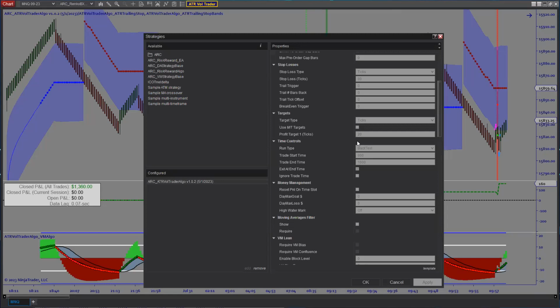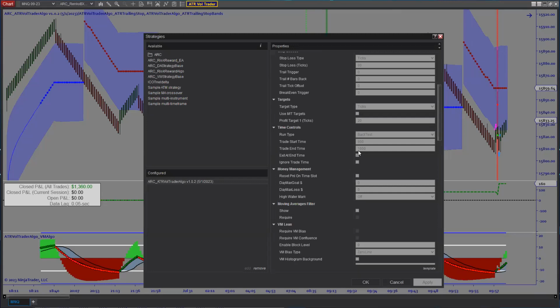So you've got plenty of room to do 20 tick targets. And if you want to hang on and leave another one on, you can. You could leave a couple extra contracts on, put a bigger target, trail your stops. However you want to manage it is fine. But in something like this, I'm going to highly encourage you to take some profit right away, because that's important in a scalping environment.